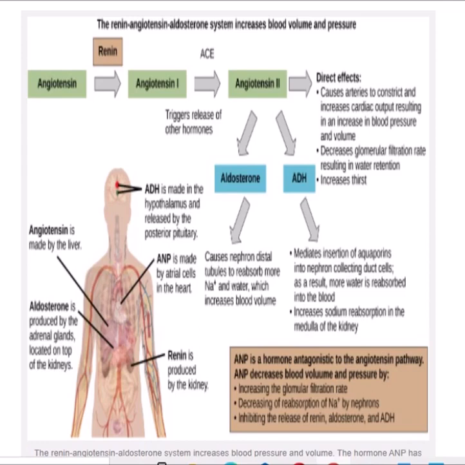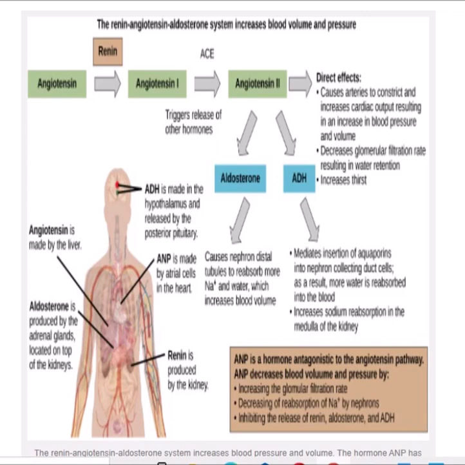Renin, which is secreted by a part of the juxtaglomerular complex, is produced by the granular cells of the afferent and efferent arteries. Thus, the kidneys control blood pressure and volume directly.